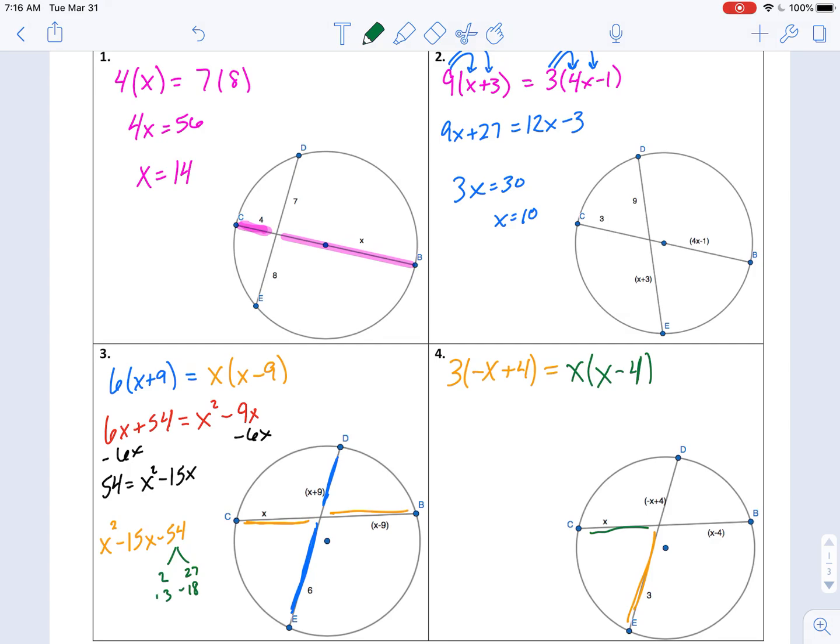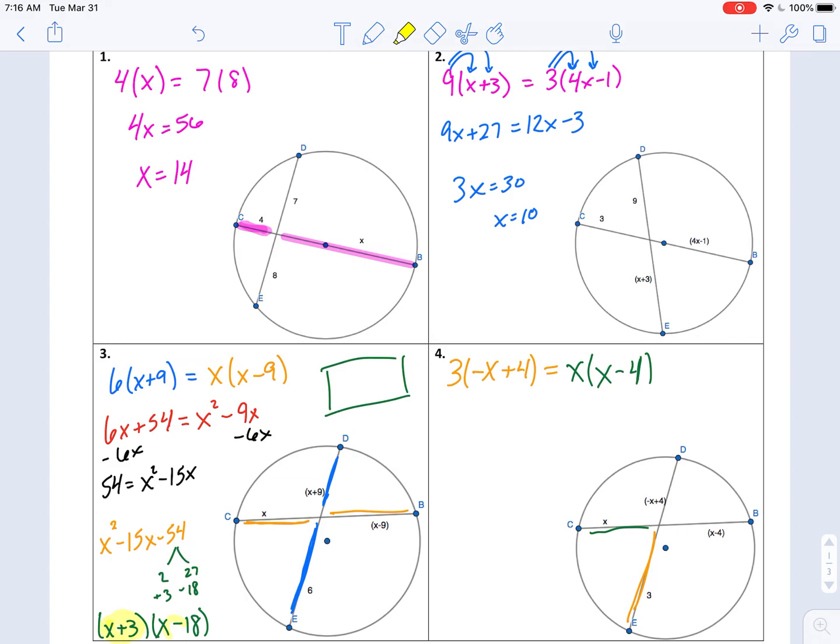All right, that appears to work. And if I want them to get me a negative 15, well, then I need a negative 18 and a positive 3. So x plus 3 and x minus 18.